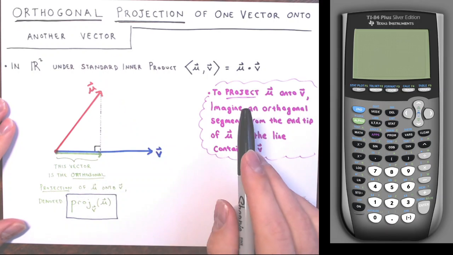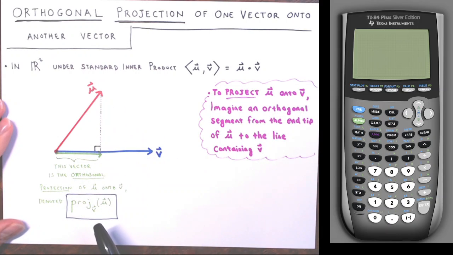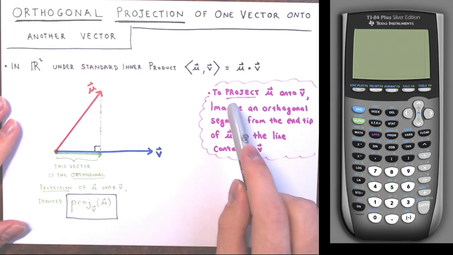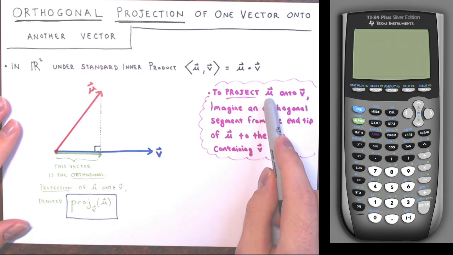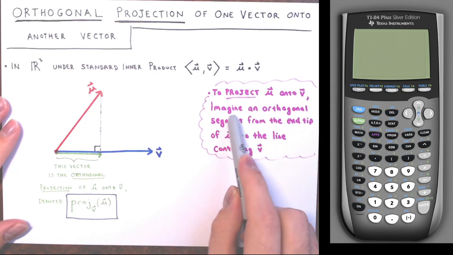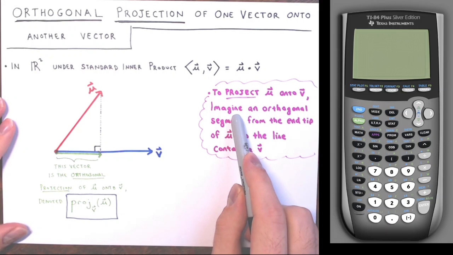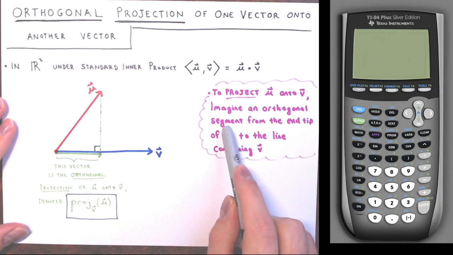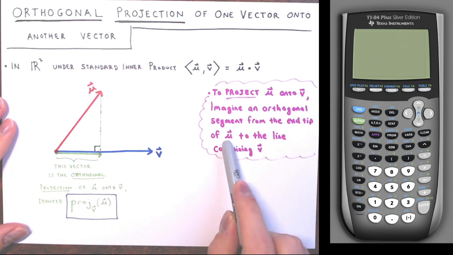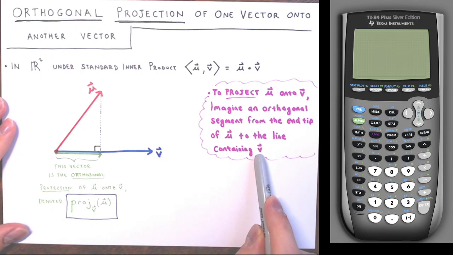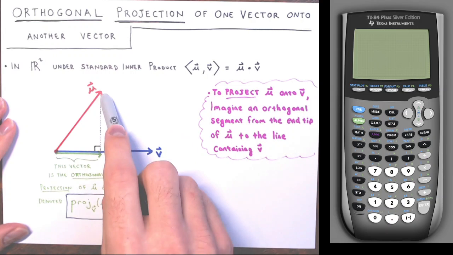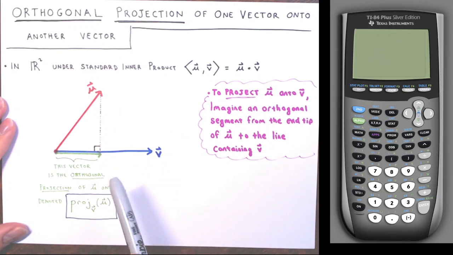So a way to see this in R2 especially, to project u onto v, imagine or draw an orthogonal segment from the end tip of u to the line containing v, which I've done here with this dotted black segment.